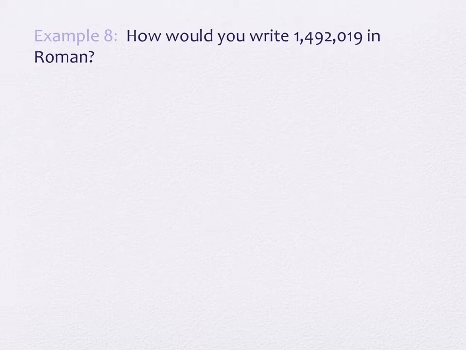Now we're going to take a fun big one, because I really wanted you to see how it plays out with a large number. Okay, so I mentioned a couple screens ago that separating where our commas are is a really good way to separate, and it is.